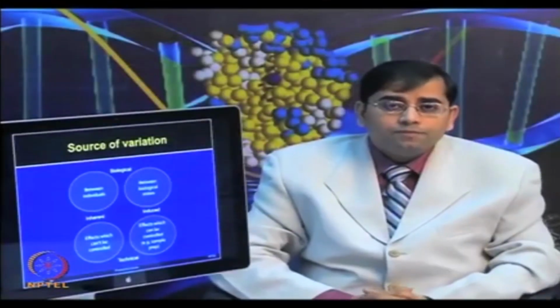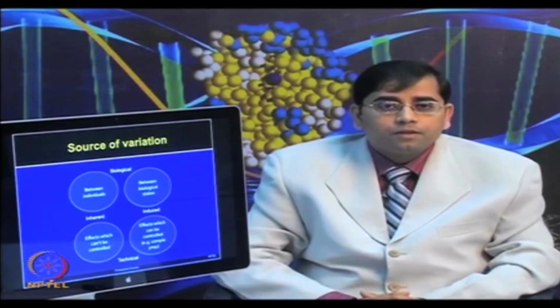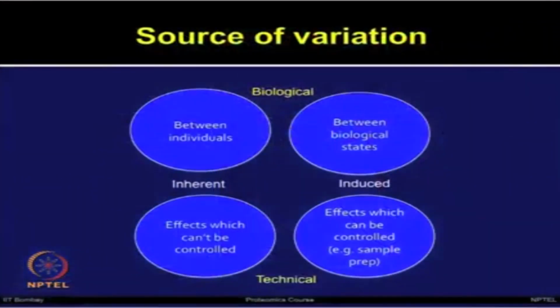So, different sorts of variations can be introduced from biological as well as technical means. There are different biological variations over which there is no control. If you are doing clinical studies, then even if you have done proper age and gender matching, there will still be some variations due to each individual's uniqueness. Those biological variations are very tough to eliminate, but there are a lot of technical variations which can be improved during the sample preparation, during the IEF settings, and during the equilibration steps.